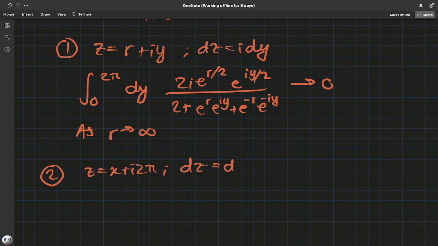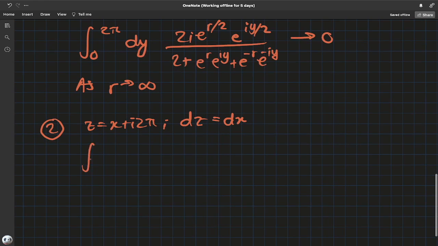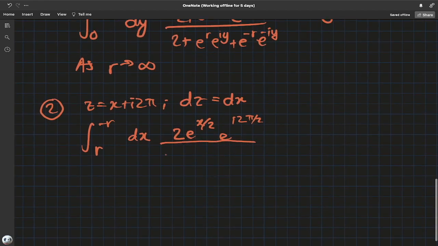So dz is dx, and we have the integral from positive r to negative r, dx e raised to x over 2 times e raised to i 2 pi over 2, over 2 plus e raised to x e raised to i 2 pi plus e raised to negative x e raised to negative i 2 pi.